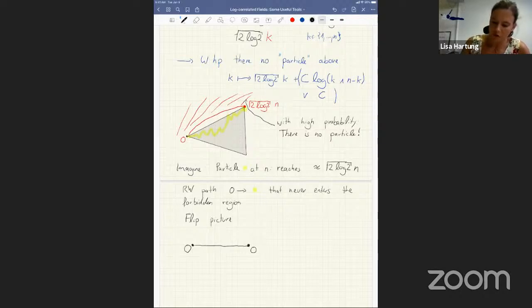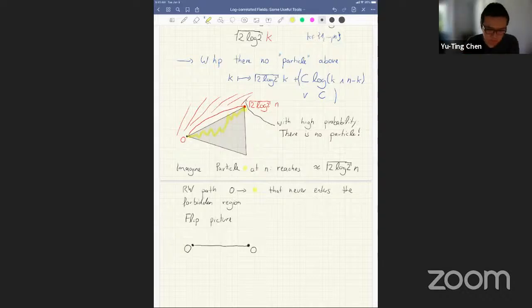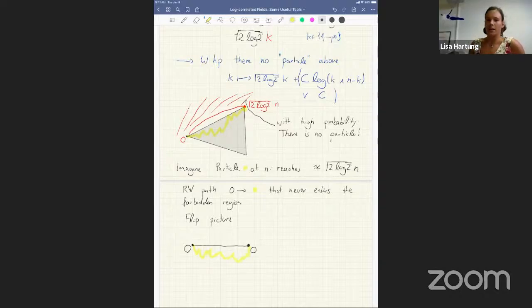And of course, then I also need to correspondingly turn my yellow line. And I'm also turning my forbidden region. So what do I have now? Well, I just turned the picture. I didn't really change any probabilities.